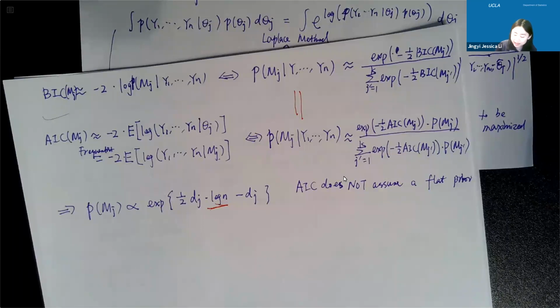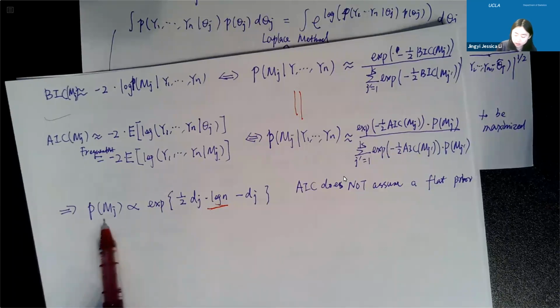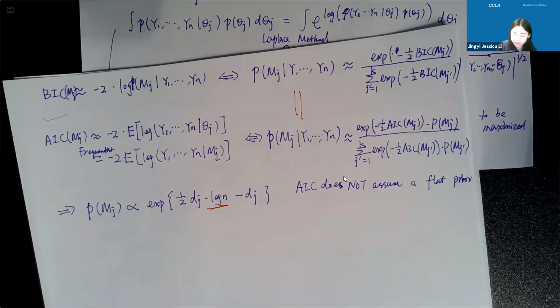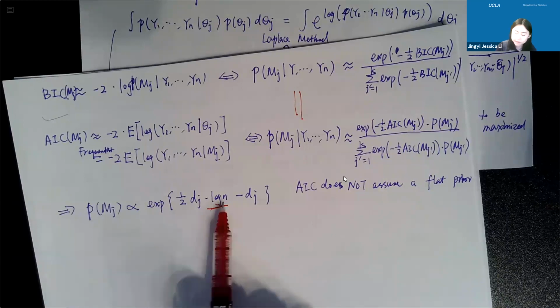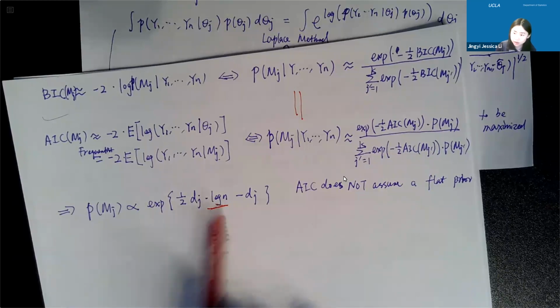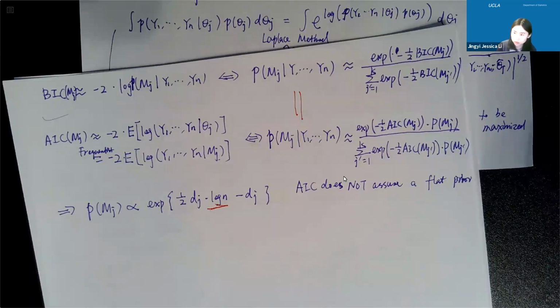But what AIC essentially does under the Bayesian framework is that its prior on the model depends on the data sample size. You can see that AIC tends to believe more in the more complex model when the sample size goes larger, and it believes in the simpler model when the sample size goes smaller.